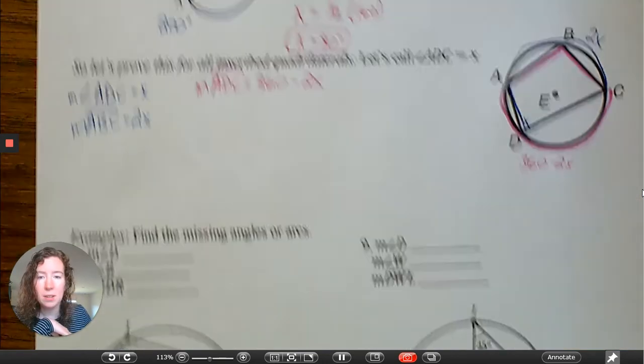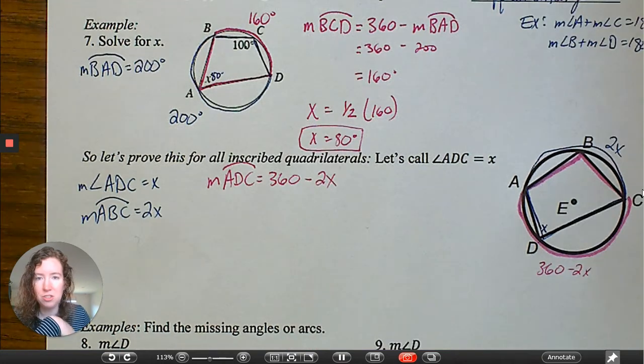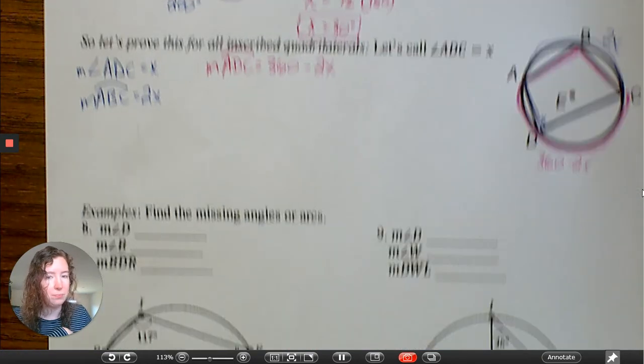This is like what we did up here in the previous example. This one just was using exact numbers though, and this is just using a generic x random variable value.